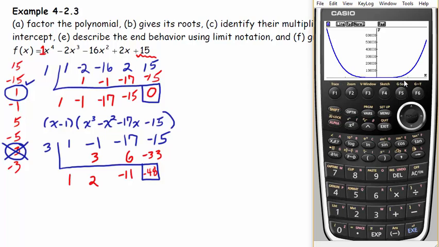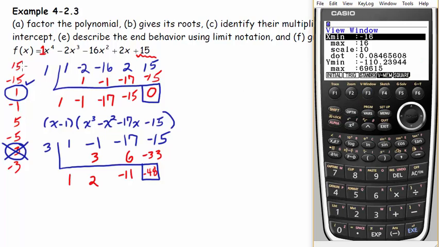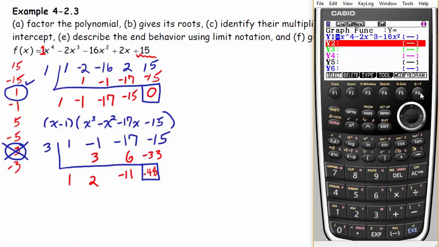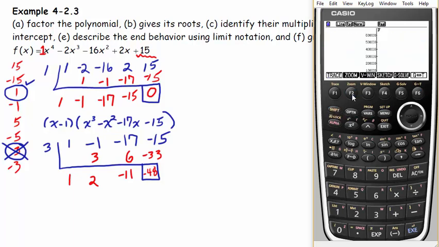Okay, so now I'm going to try a second window. Let's say, what would my next roots be? Maybe negative 5 and 5. So maybe I'm going to go negative 6 to 6. Alright, I'm getting close.